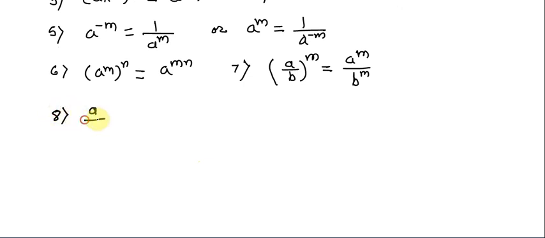A upon b raised to the power minus m: negative means we have to inverse it. 1 upon a upon b, the inverse of a upon b is b upon a, and then we can make the index positive.